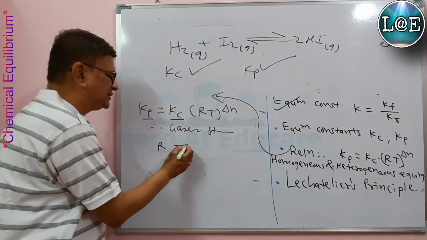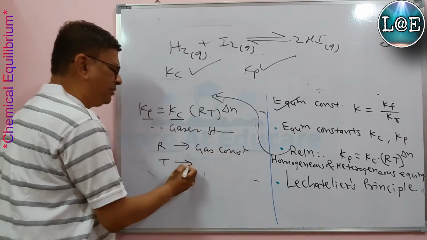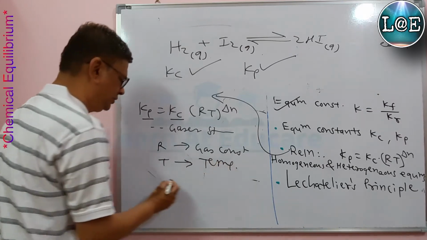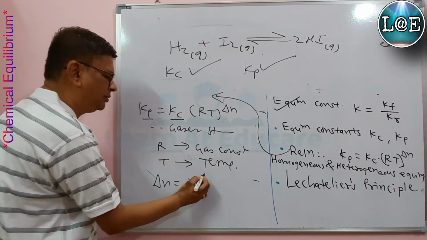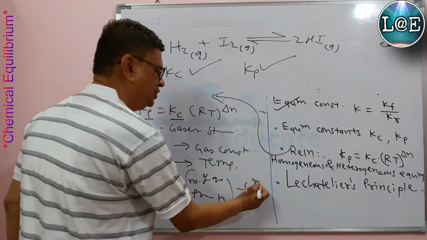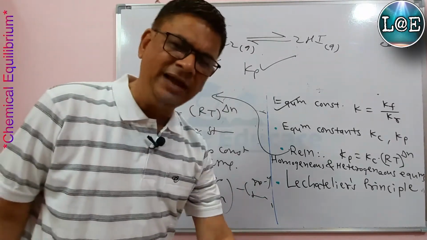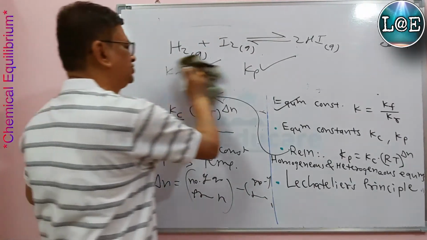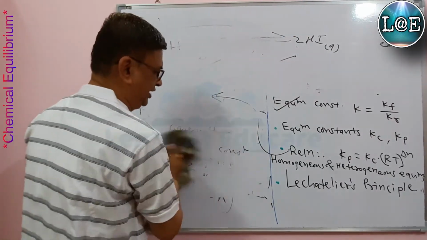Here R is the gas constant, T is the temperature at which the reaction occurs, and delta n is equal to the number of gaseous product moles minus the number of gaseous reactant moles. Sometimes in a reaction with a solid, gaseous, liquid combination, this relation is used.